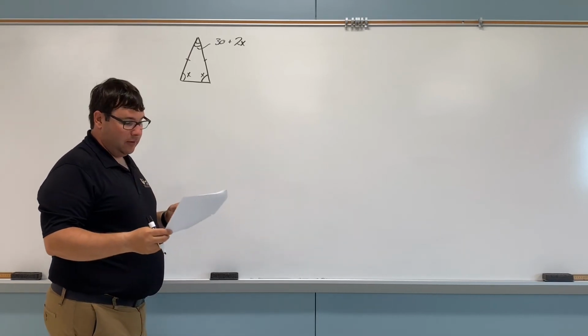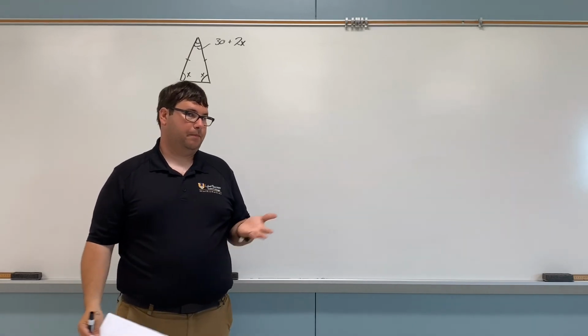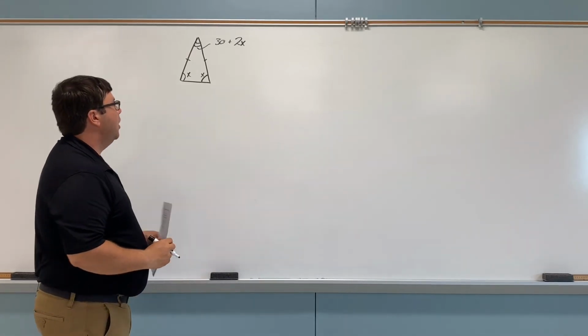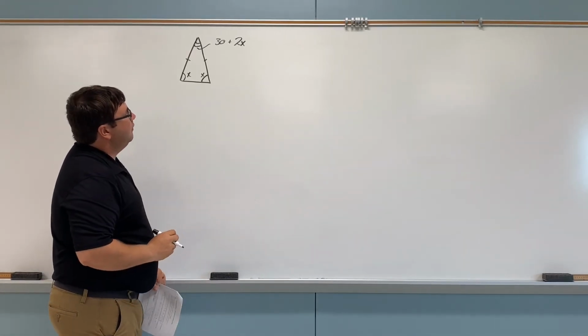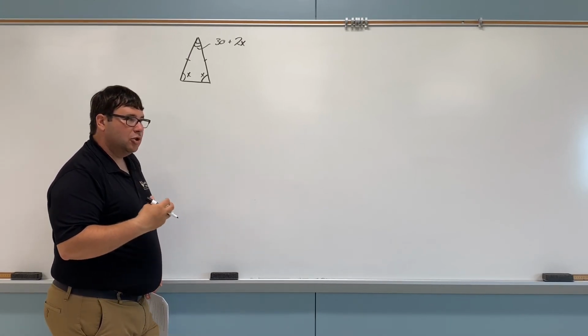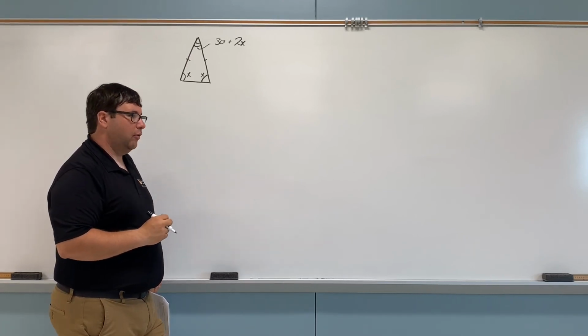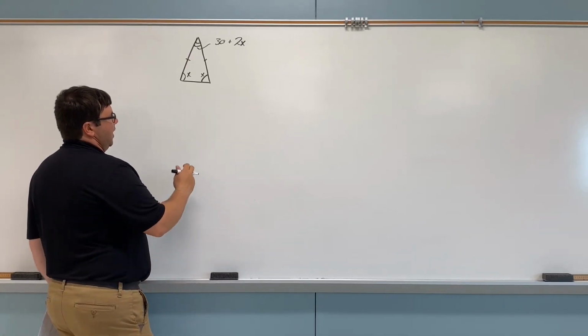Now, it says find the measure of each angle of the triangle. How do we do that? We don't have an equation just yet, but if you're looking at a triangle, the sum of all the inside angles of a triangle is 180 degrees.